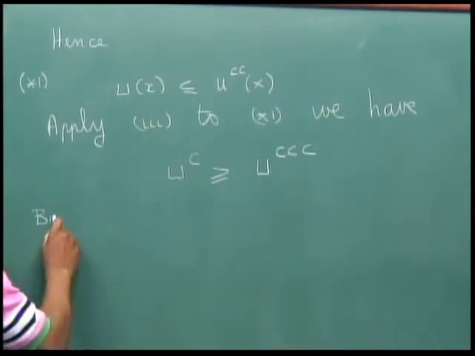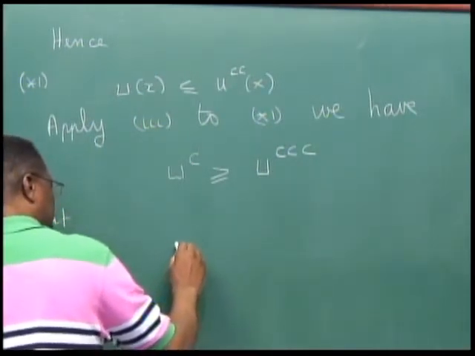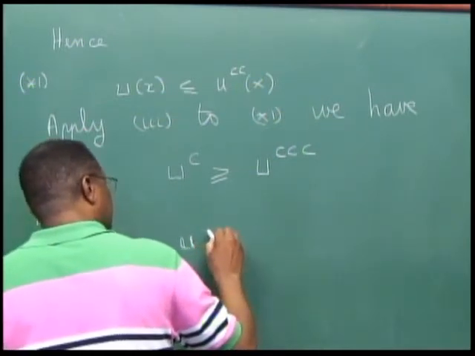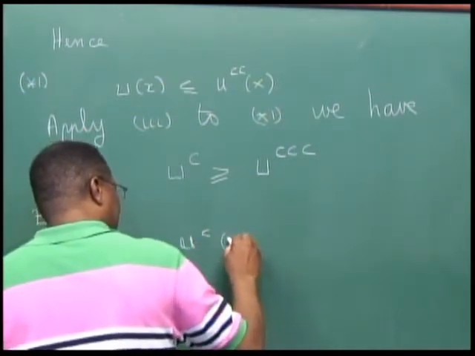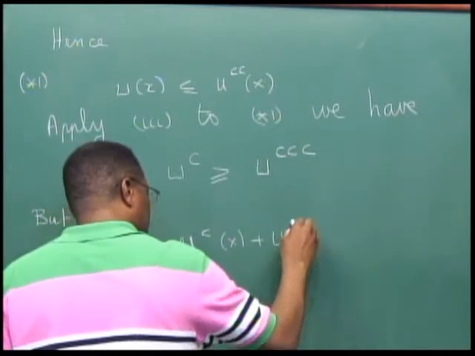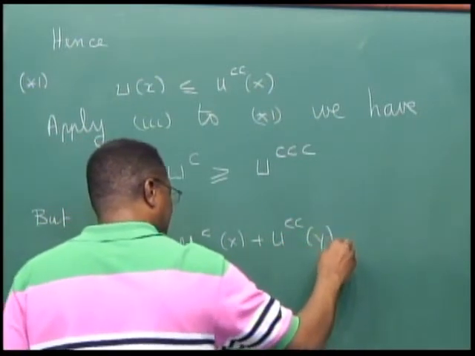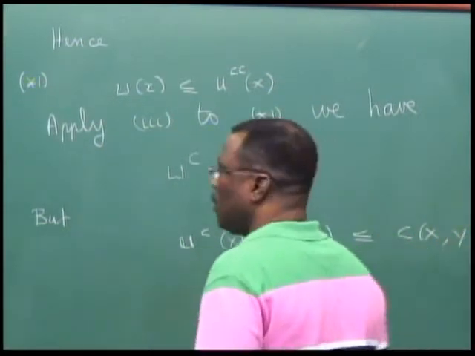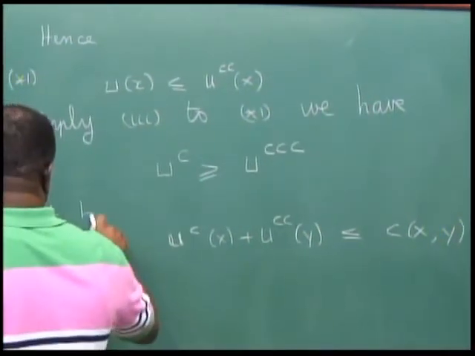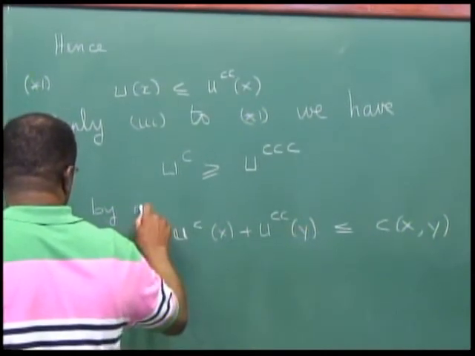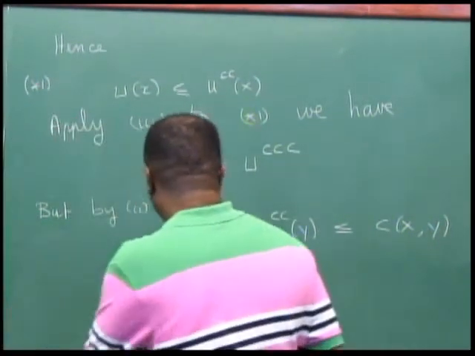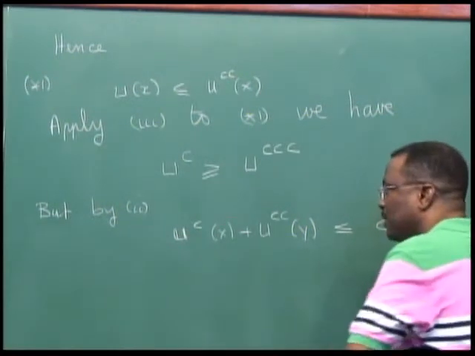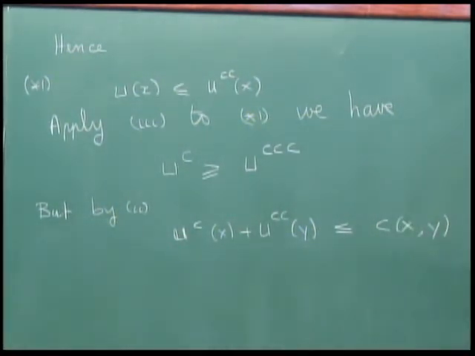But if I write u^c of x plus u^cc of y, I get something which is less than c(x,y). So here, by 2, if I take u^c and apply ^c to it, I get this inequality.